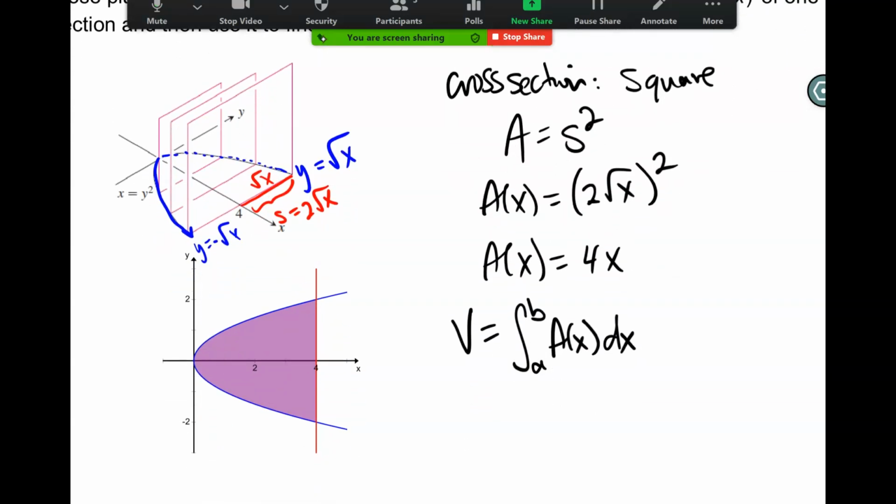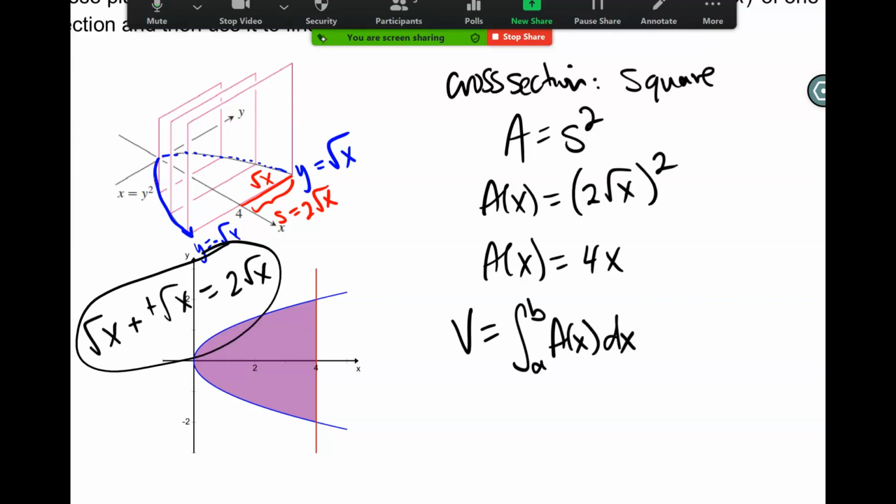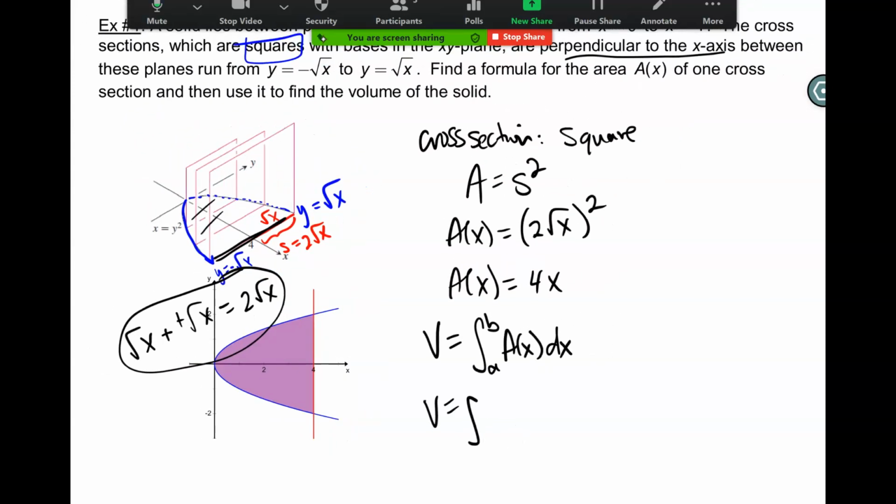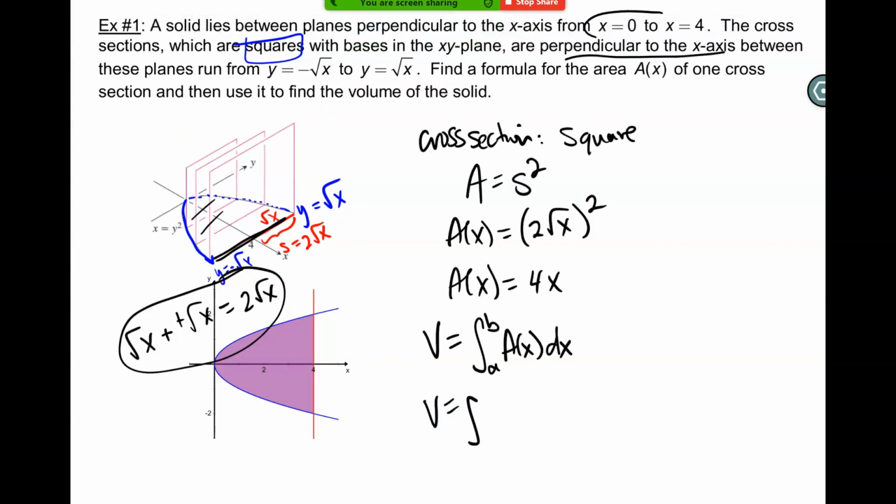Well, if you take root x minus negative root x, you get root x plus root x, which is 2 root x. That's like a second way to find this length. Anyway, we have our equation for our area. We're going from 0 to 4.